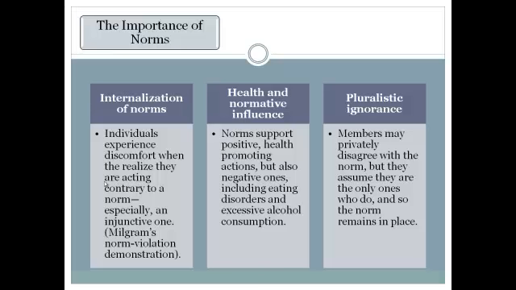Okay? So if you have a particular group norm against cheating, let's say, and you're caught cheating, you're going to be really ashamed of yourself. And even when you are doing the cheating, you're going to feel ashamed as you're doing it. If those norms are very strong against cheating, then it's really going to make you feel uncomfortable to do that behavior.